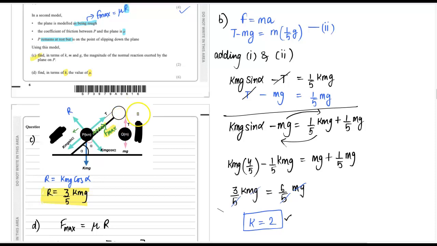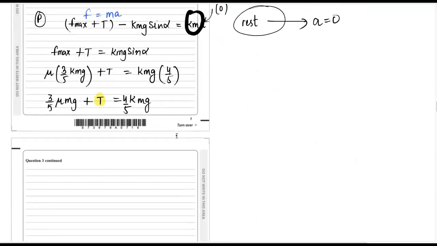So probably we need to use this setup, the Q thing. Because the object is not moving, your T is going to be equal to mg, right? So we are going to be substituting mg here from what we have discussed. So it would be like 3/5 of mu mg plus mg is equal to 4/5 of kmg.